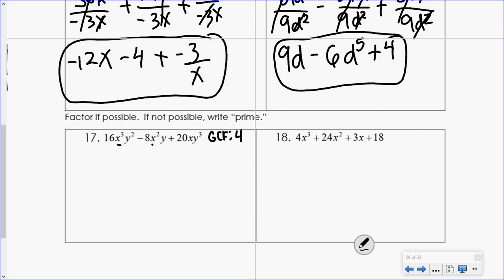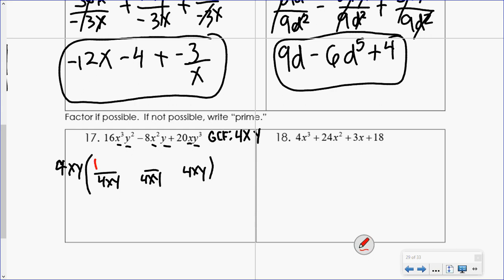So checking my x's, smallest x is x. For y's, I have y squared, y, and y cubed, so I can divide out a y. I'm going to factor out 4xy from each term. That means I'm going to divide each term by 4xy.